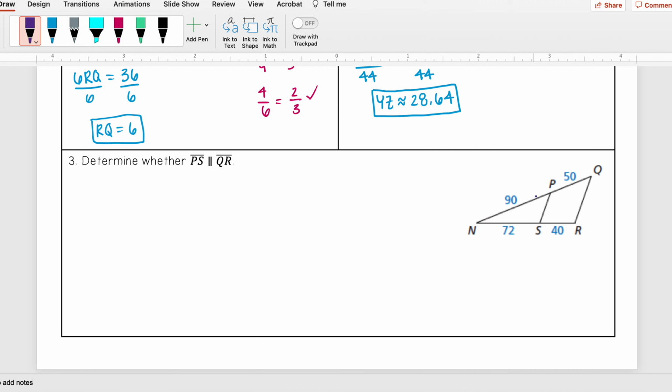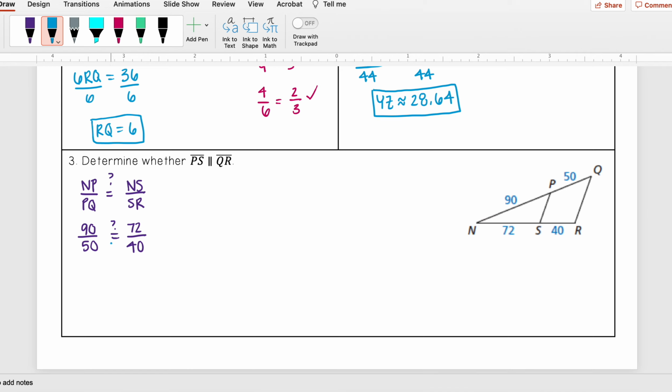And so I want to do NP over PQ, and see if that is equal to NS over SR, because remember NS matches up with NP. NP is 90, PQ is 50, NS is 72, and SR is 40.